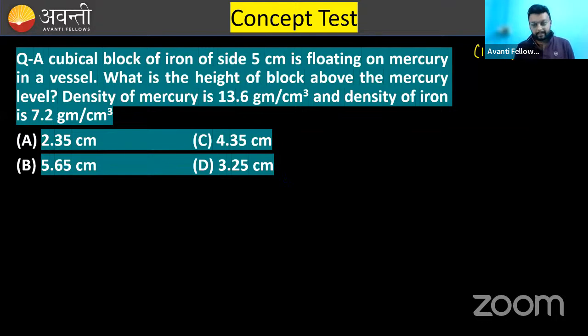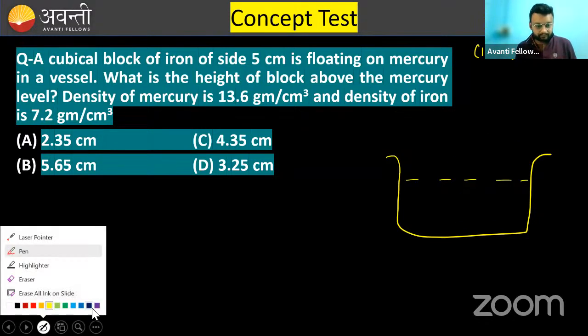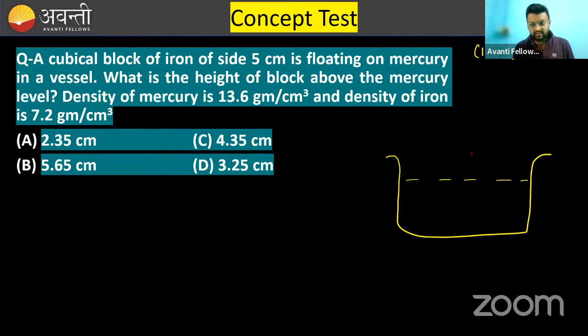The second thing is, if I draw the diagram, this is a container. It has some liquid up to this level. I'm just drawing the upper level, and the liquid is filled completely in the lower portion as well. Now there is a solid block, which is cubical in nature.